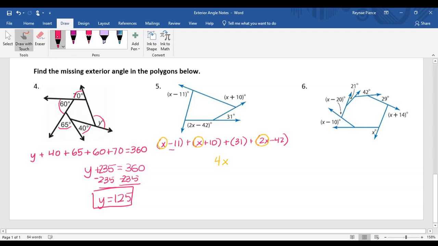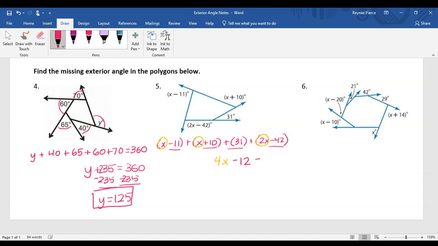A negative 11 plus 10 plus 31 minus 42. All of these numbers here, those constants, we're going to combine.